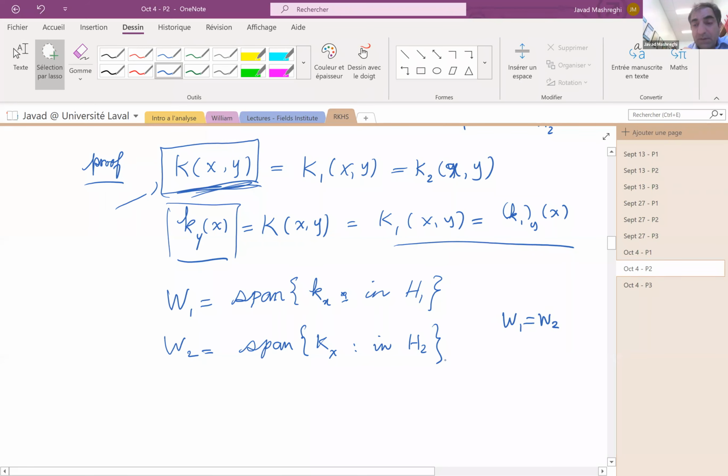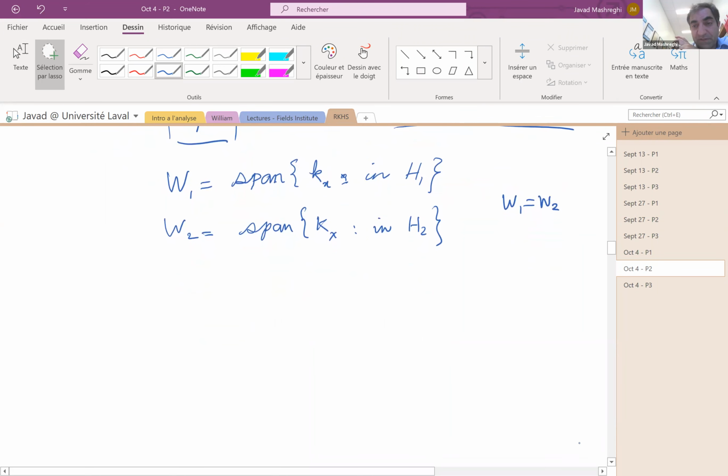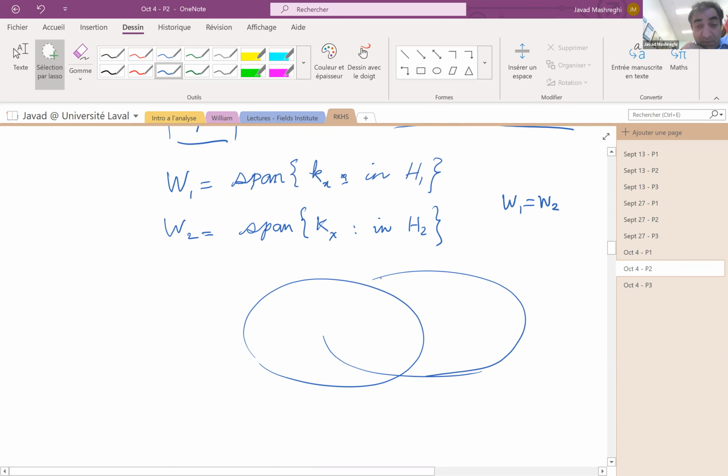I mean, it's just one space. What do I want to do? Geometrically speaking, for the time being, I don't know if H1 is equal to H2.